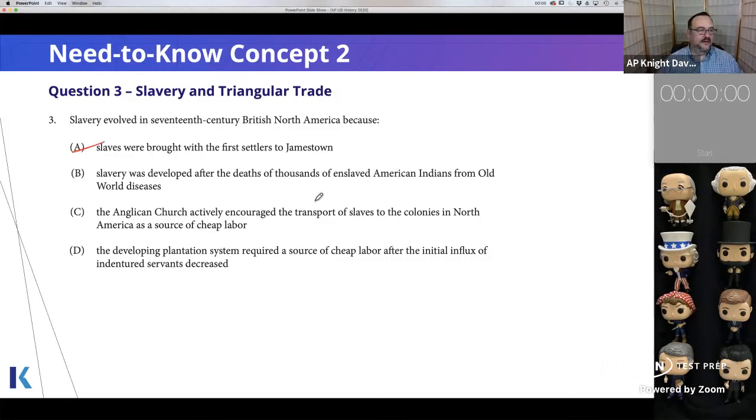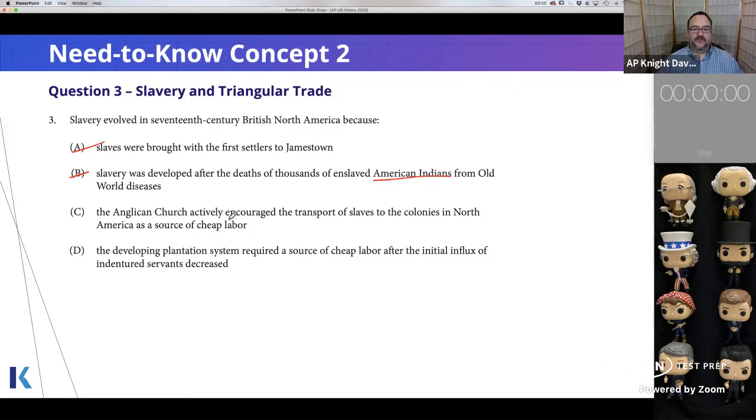So not A. "Slavery was developed after the deaths of thousands of enslaved American Indians." That would mean that thousands of American Indians had been the workers prior, which was not really the case. We talked about the encomienda system where that did happen, but that was not British North America. So it's not going to be B.